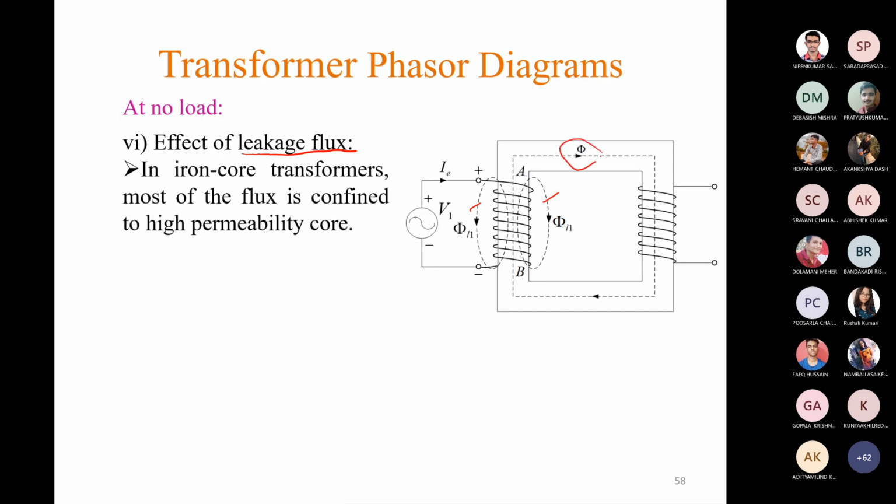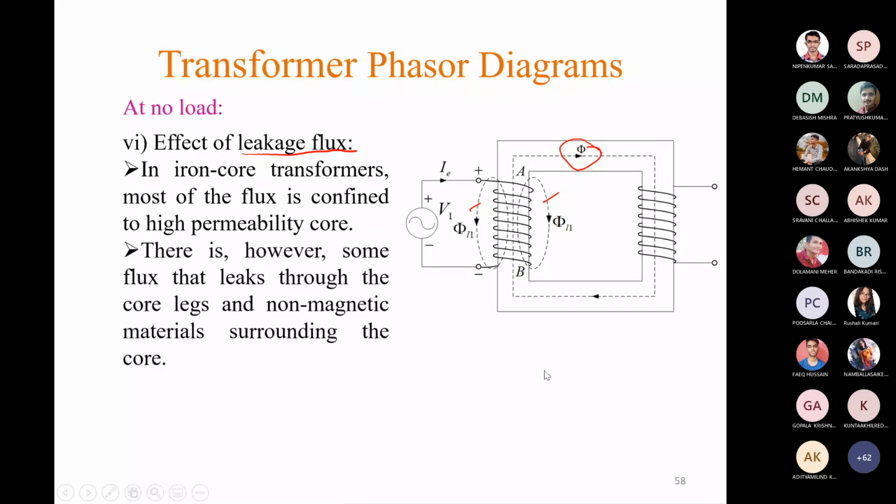So that is the mutual flux phi. But there is some flux which will not link with the secondary coil, or is not confined within the ferromagnetic core. So these flux lines are called leakage flux. Okay, so there will be some leakage.